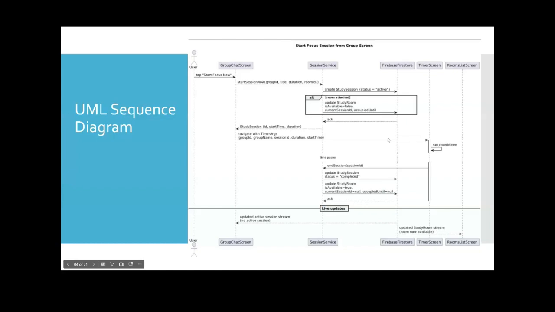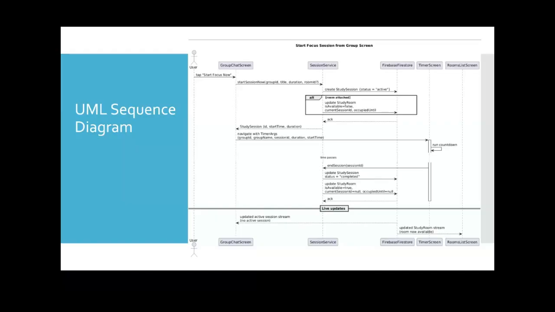So next here is our sequence diagram. Basically, it shows how to create a focus session, which is the main portion of our app. So it kind of takes on the forefront of what we wanted to present here because it is our main application basis.